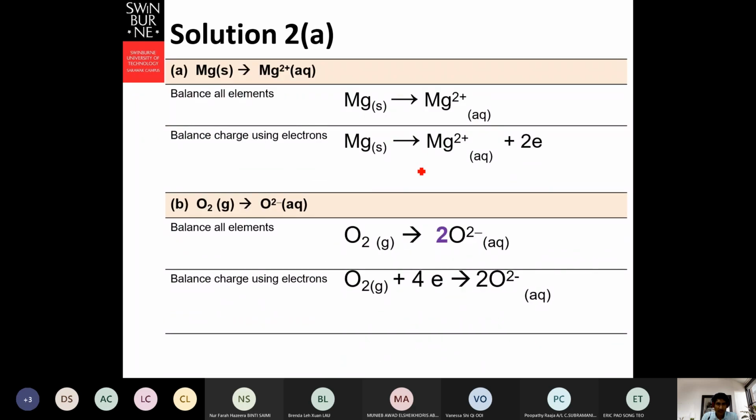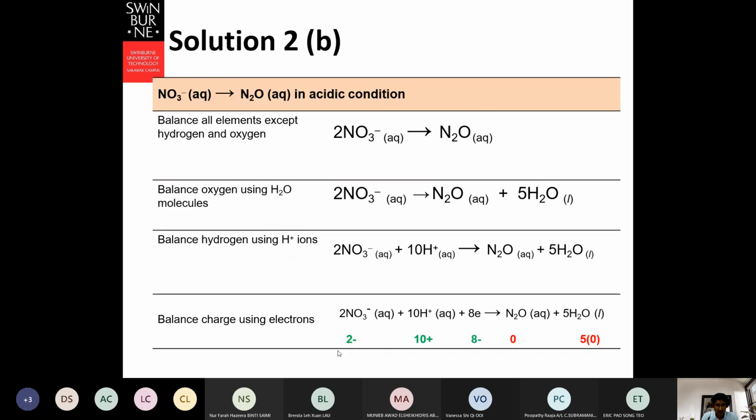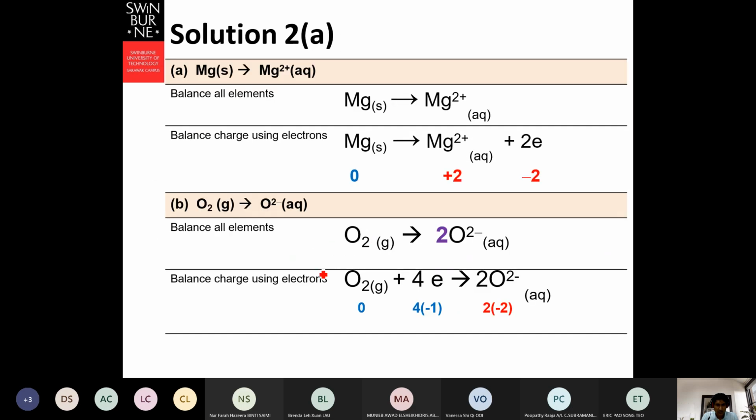So magnesium is 2 electrons, 4 electrons. That's why I have to multiply magnesium by 2, and it will be 2 magnesium here and 4 electrons here.